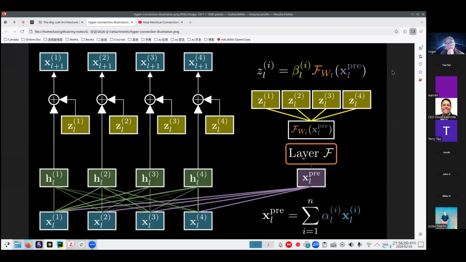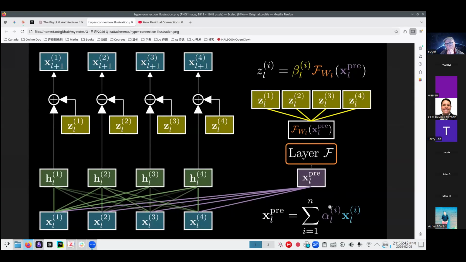This picture is screenshotted from the good video Ted shared. These X one, two, three, four are residual streams. So instead of just having one residual stream, you have four of them. Let's look at the purple lines. They are merged into this X L pre before feeding into the layer F, which is the attention layer and the feed forward layer.